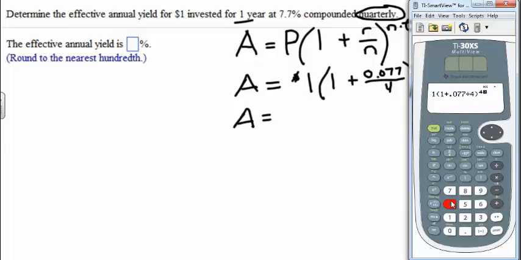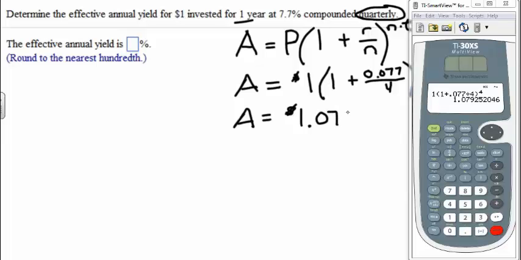I'll multiply on the calculator, and we get $1 and 7.9 cents. So this would be $1.07925.